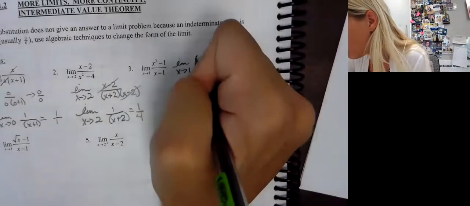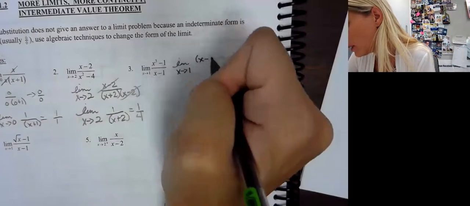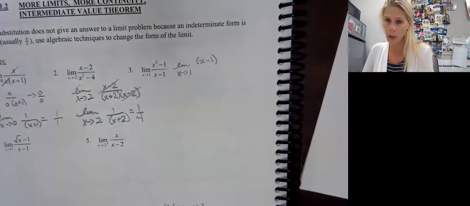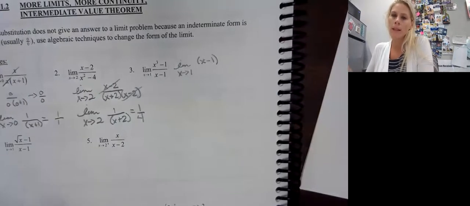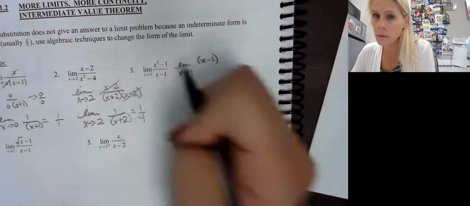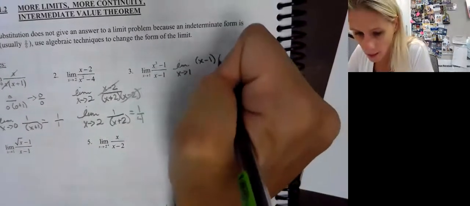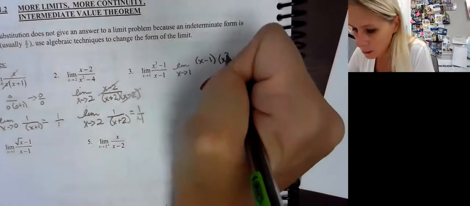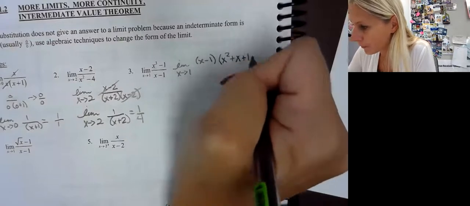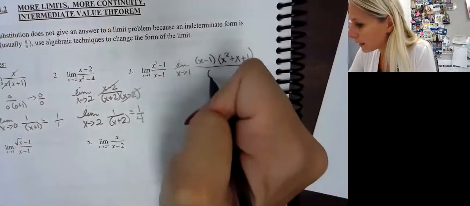So if you can't remember how to do that, you can either use synthetic division, long division, or we can just memorize the identity. So we go x minus 1 because we're minus, okay? And then what's left over is an x squared plus x plus 1, all over x minus 1.